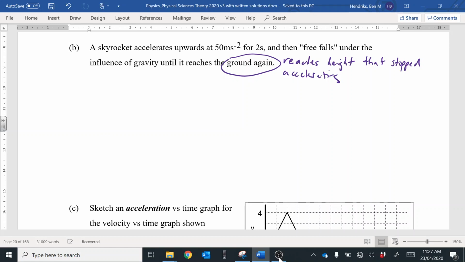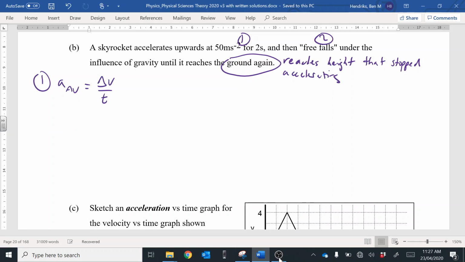So what I will do now is we'll focus on the two different aspects of this. We have a skyrocket which accelerates upwards at 50 meters per second squared for 2 seconds, and we also have the rocket free falling as well. In order to work out the velocity, we look at the average acceleration, which is equal to change in velocity over time.